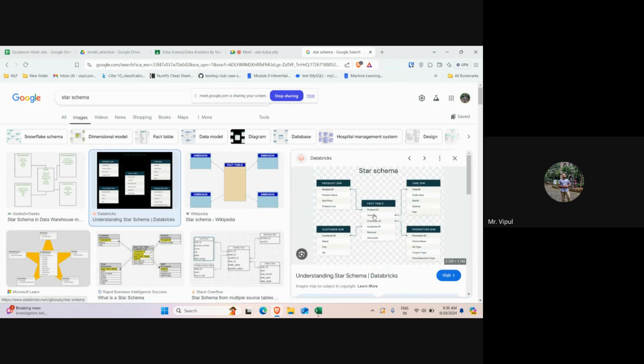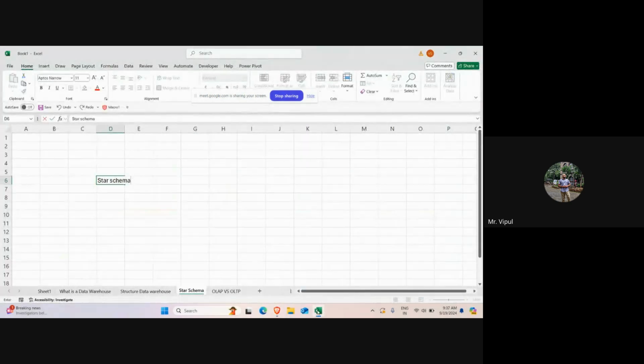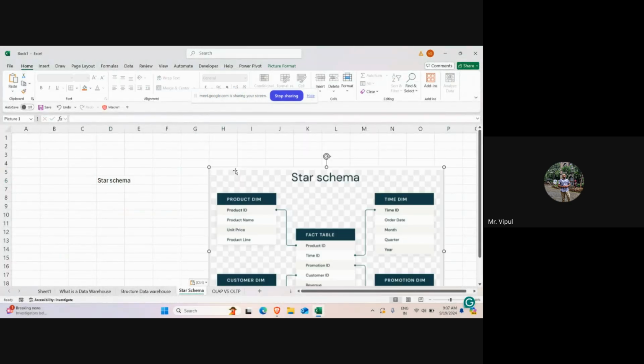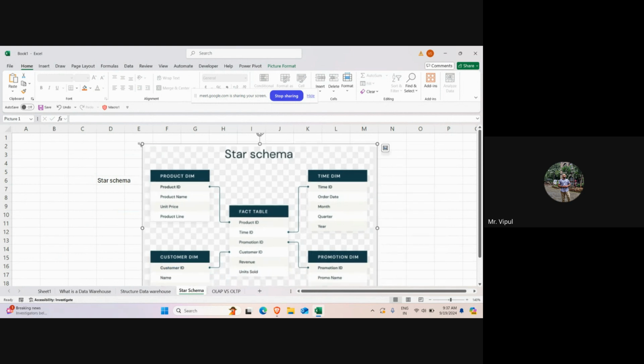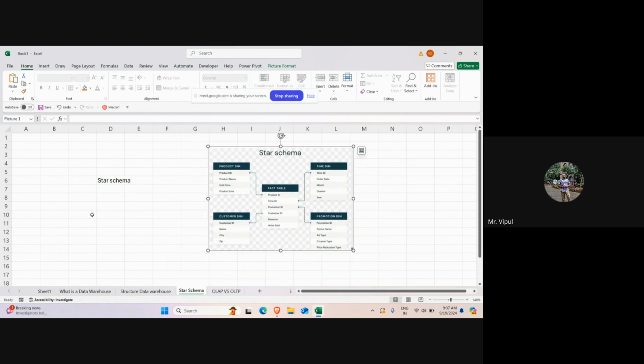Let us take this, let's say this is our star schema. Remember, in a star schema your central table is always and always a fact table, as you can see in the figure as well. The fact table is surrounded by your dimensions.